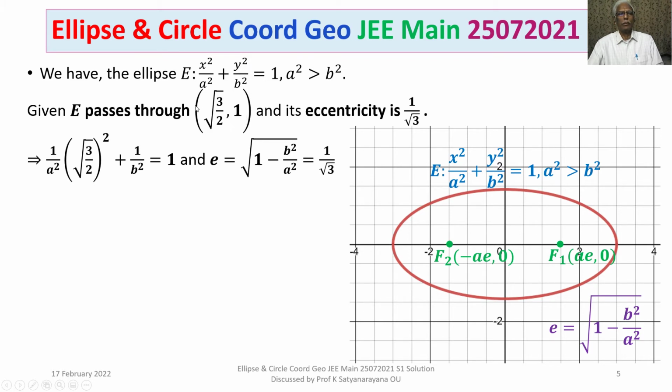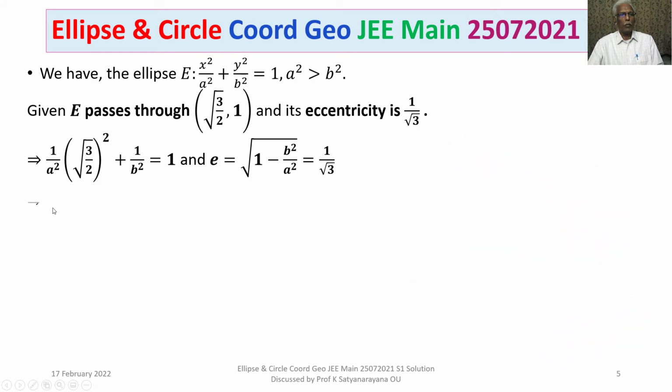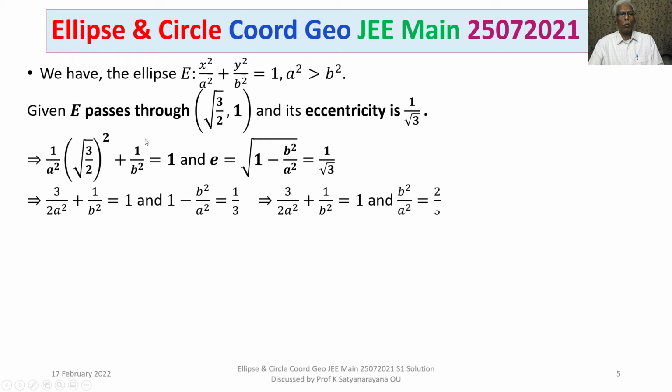That is the substitution of the coordinates of this point in the equation, and for E, the formula is under the square root of 1 minus b square by a square, that is given to be 1 by root 3. So now simplify, this will be equal to 3 by 2a square plus 1 by b square is equal to 1, and squaring this we get 1 minus b square by a square is equal to 1 by 3.